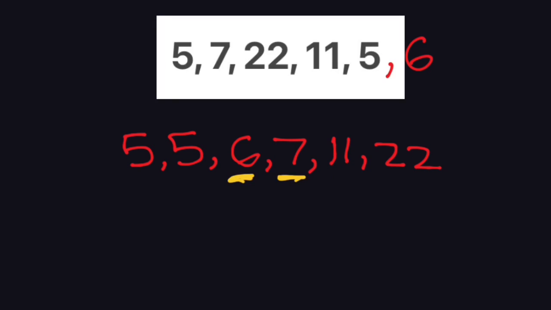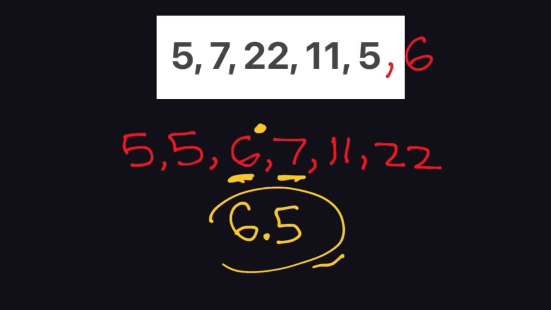So in this case, the way we're going to find the median is to look at the number that is directly in between our 2 middle numbers, 6 and 7. The number that is exactly in between 6 and 7 is 6.5. 6.5 is directly in between 6 and 7. So in this case, the number 6.5 is going to be the median of our data set.